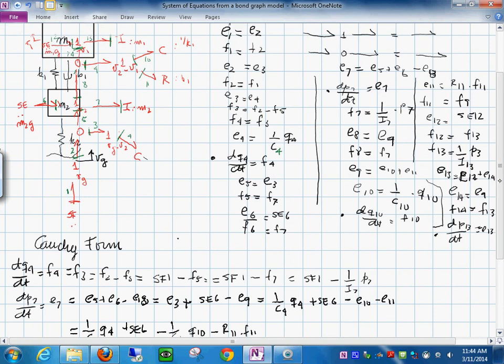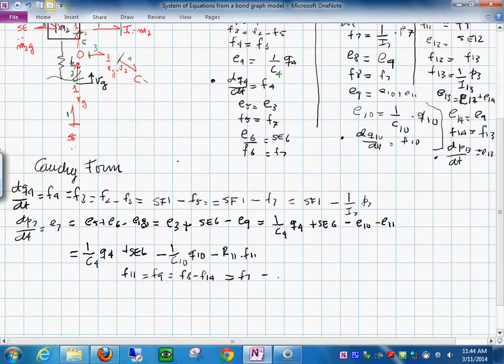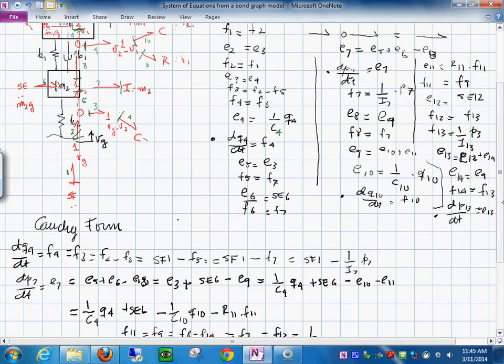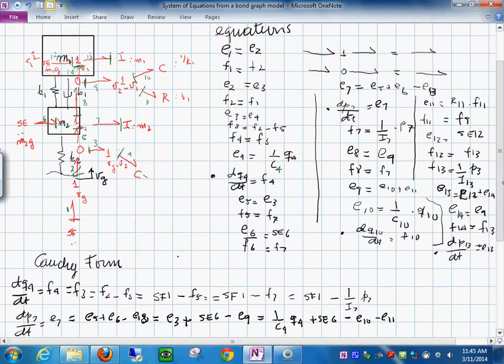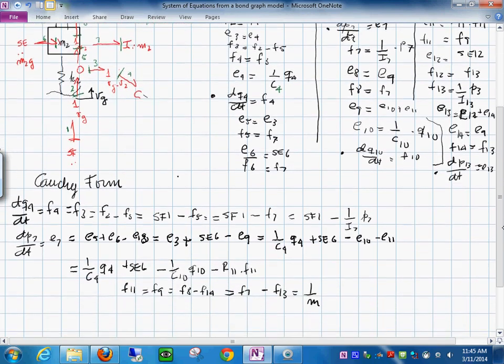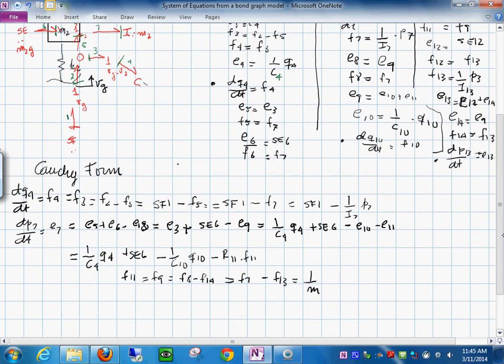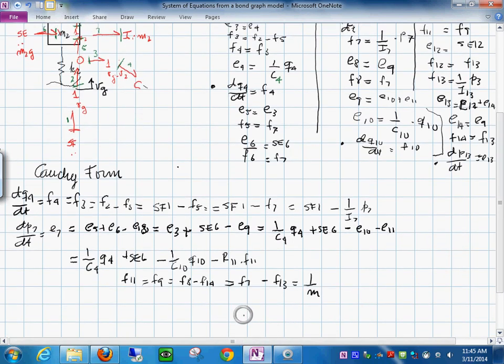To F13, which are the state variables. So F7 is going to be 1 over M times P, right?